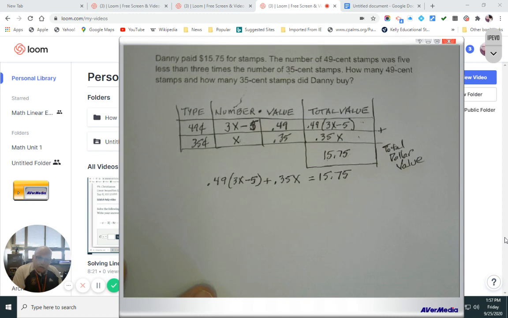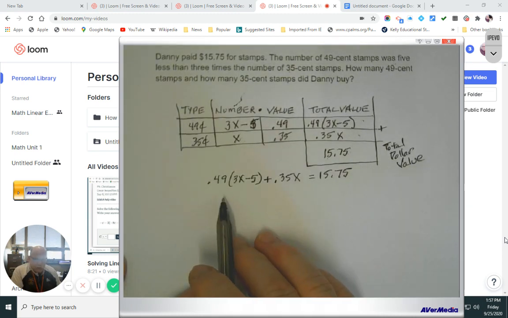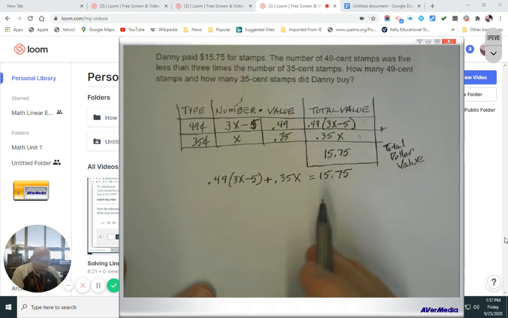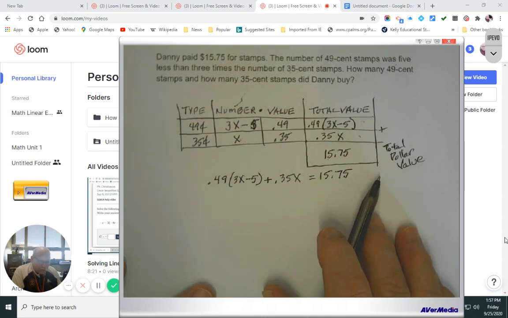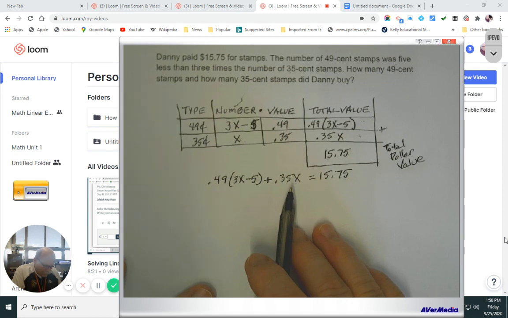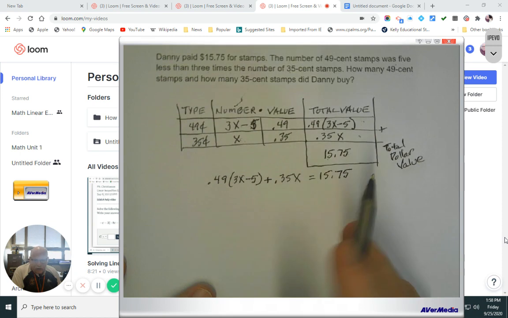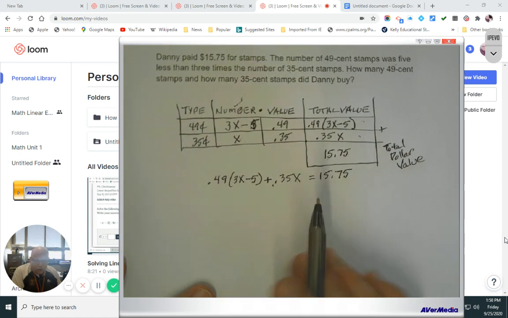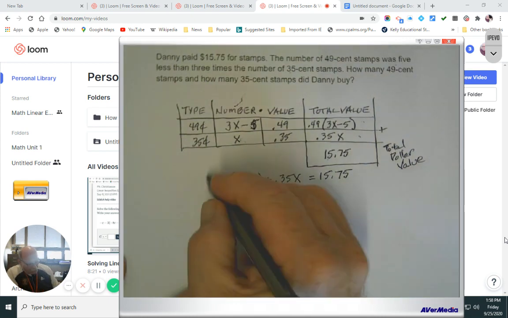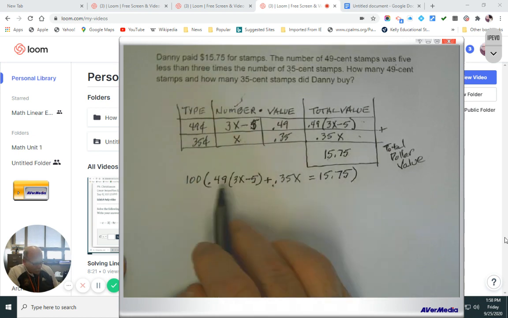Okay, so we've got this going, and here's the issue though. A lot of us don't like working with decimals, but you can. It's much easier to do if you have a calculator, but you can do it. But if you just wanted to dispose of all the decimals right at the beginning, we would multiply by 100, because that's 2 decimal places.